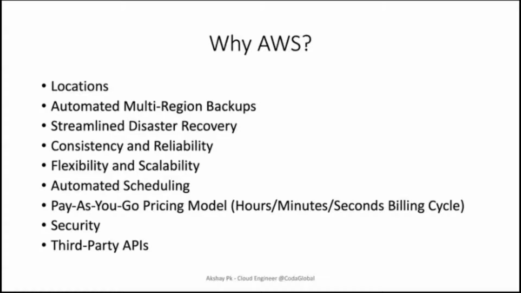And when it comes to flexibility and scalability, Amazon Web Services provides you with manual scaling, automated scaling, and schedule-based scaling, and you can increase or decrease your capacity at any point of time. You can choose from a wide variety of scaling choices that they provide. And you can go with the pay-as-you-go pricing model, which is hourly based or minute based, and they also have second-based billing for some of the Linux instances, and millisecond-based billing for Lambda functions.